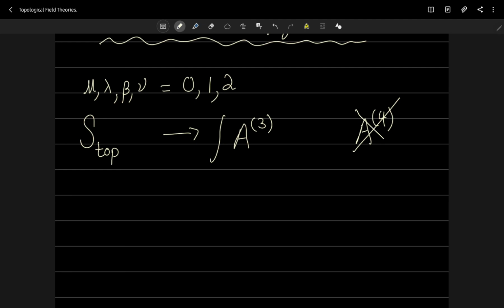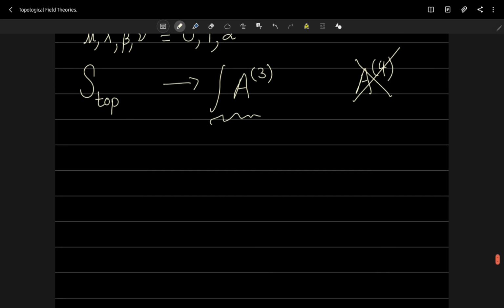So we don't want this thing for 2+1 dimensions, we want this thing. And we can clearly see that this F2 wedge F2 will not work for us. This thing is not going to work, it will not do.